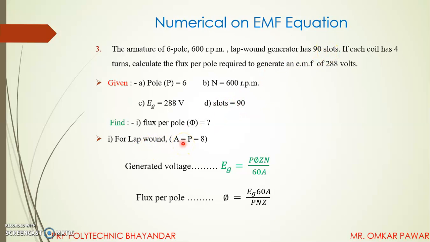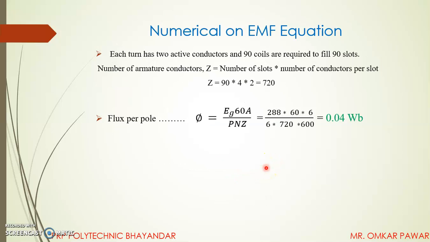So for lap one, A is equal to P, that is 6. So generated voltage Eg is given by the formula P phi Zn divided by 60A. We have to find flux per pole. So we rearrange the formula, that is phi equal to Eg into 60A divided by P Z n.